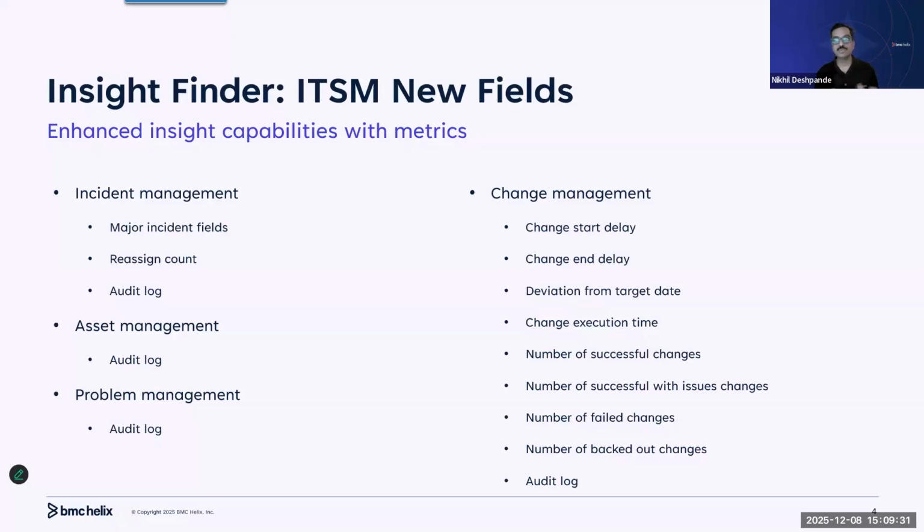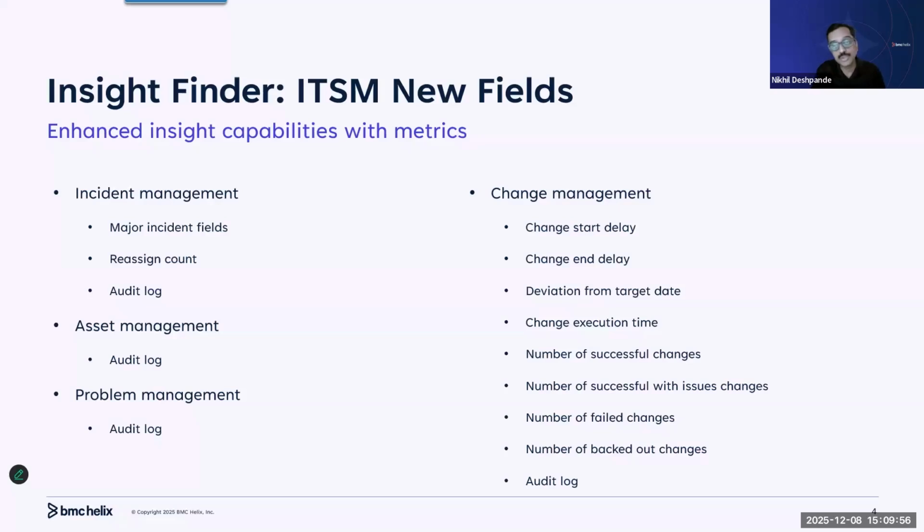And when you report across a group of transactions, when you're reporting across all changes assigned to a specific group or all change requests for a specific business service, you can get to the aggregates of all of these metrics: change start delay, end delay, deviation from target date, the change execution time, which is the start date of execution to the end date of execution.